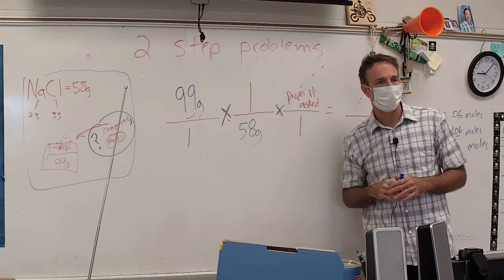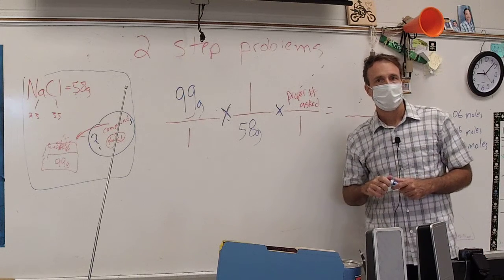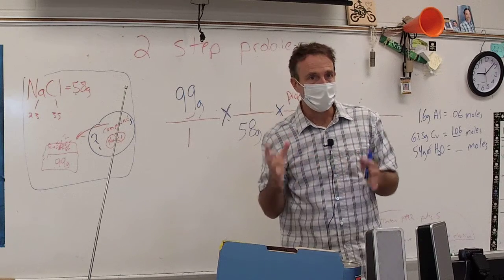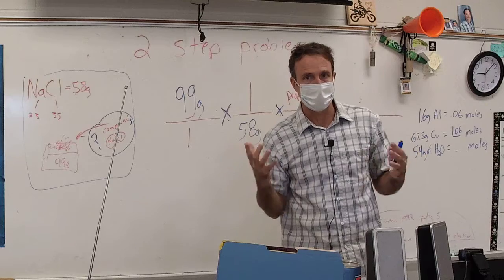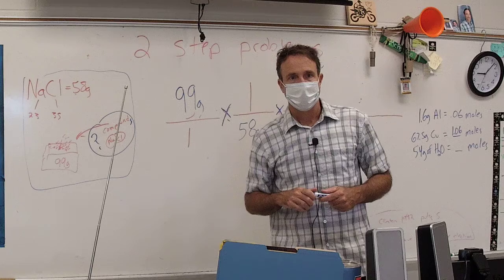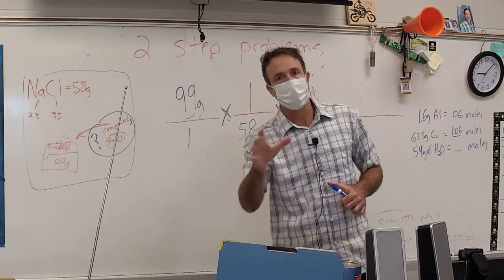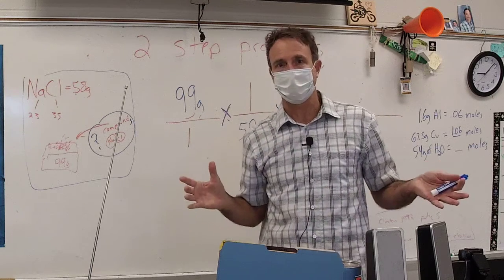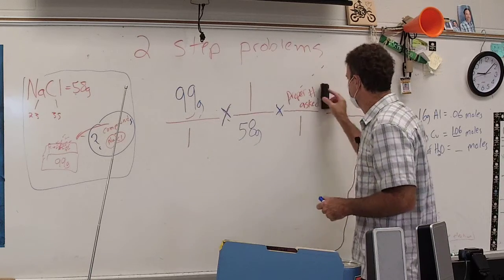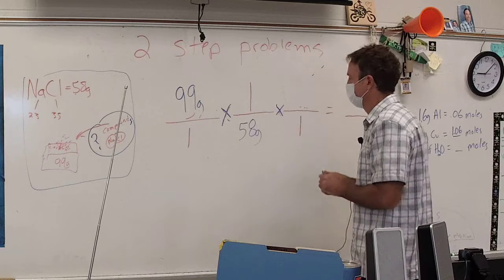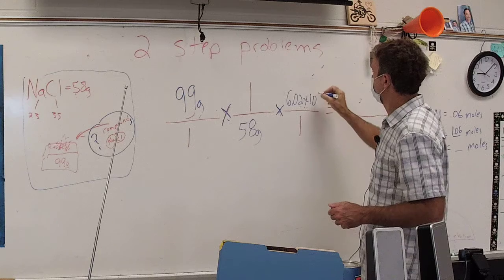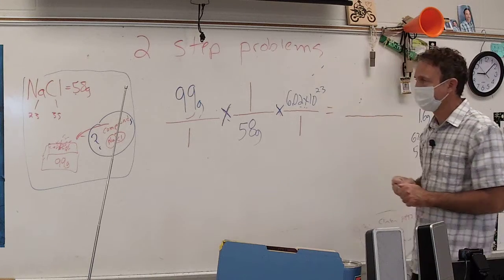What's the units for compounds? 1 mole of compounds or atoms or molecules is what large number? Yes, people at home, you can't hear it, but they're all yelling the answer out. Yes, 6.02 times 10 to the 23rd is the proper number for compounds, molecules, or atoms.